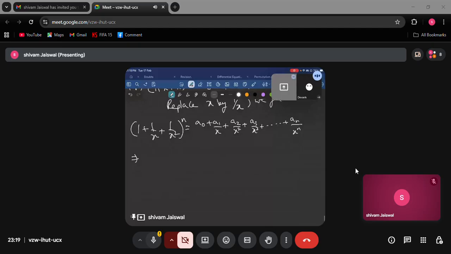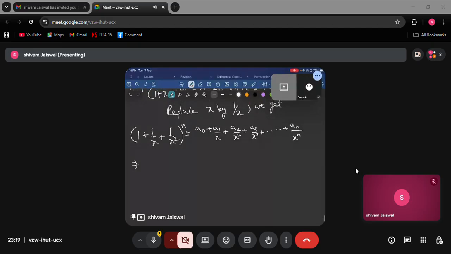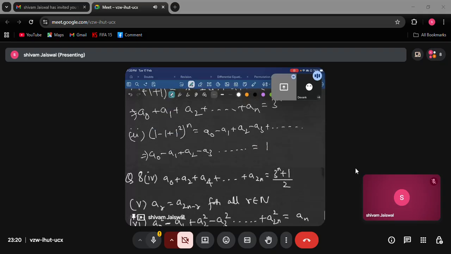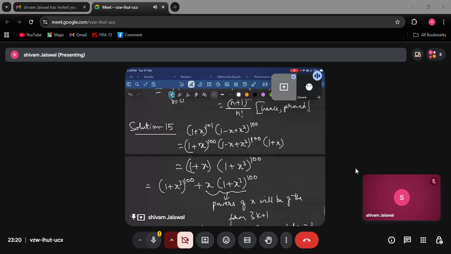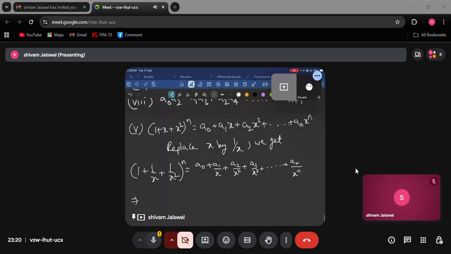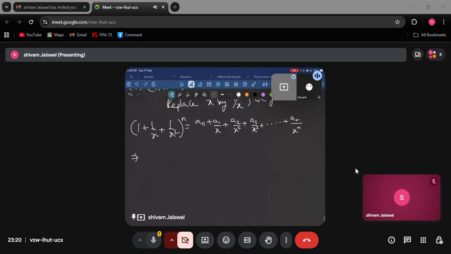Wait a minute. Was it a2n x to the power 2n? Wait, let me see. In the question, it must be a2n x to the power 2n. I was taking an only, so it should be a2n x to the power 2n. So multiplying by x to the power 2n on both sides.